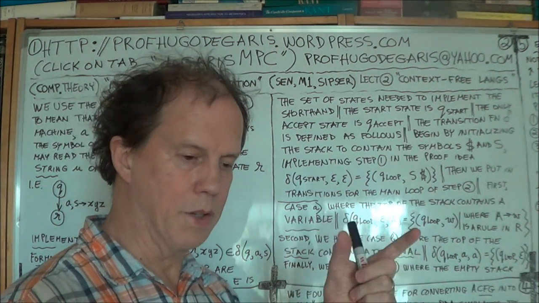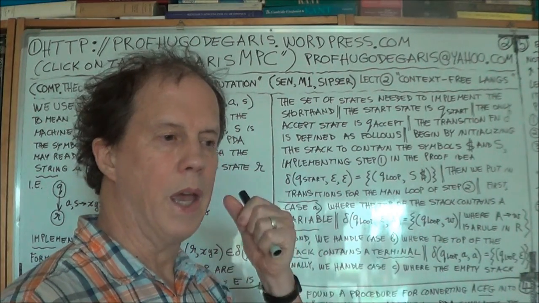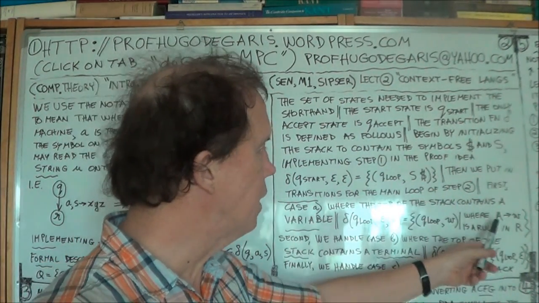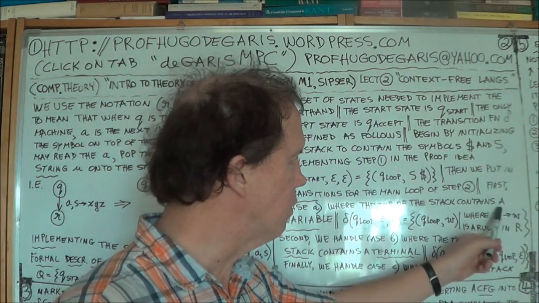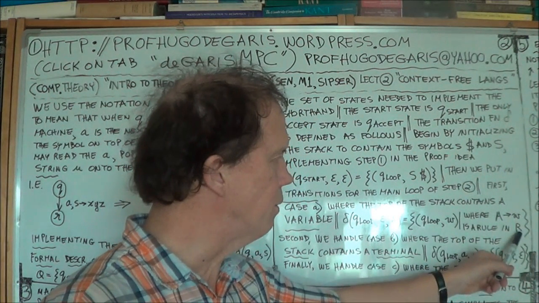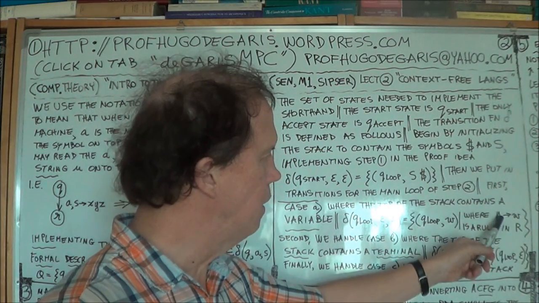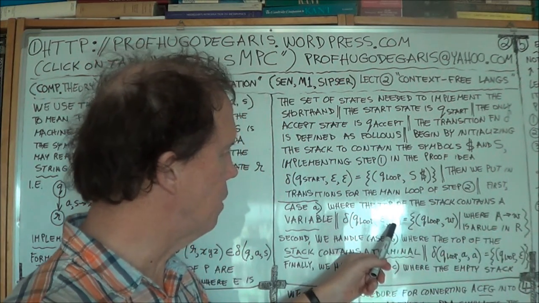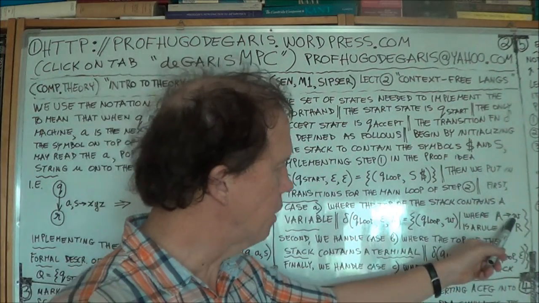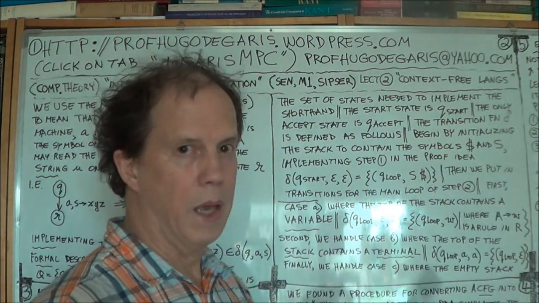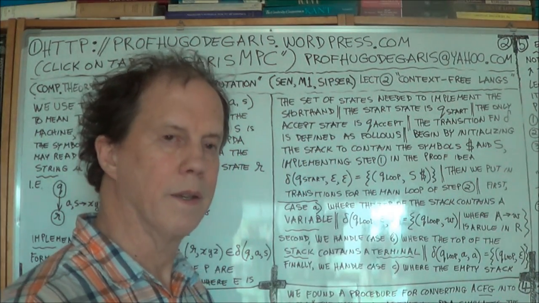Take the right-hand side of that rule and push it onto the stack. Let's say this is one of the rules in your set of rules, big R. Now that A here, left-hand side, matches what's at the top of the stack. Take the right-hand side of the rule and push it onto the stack.